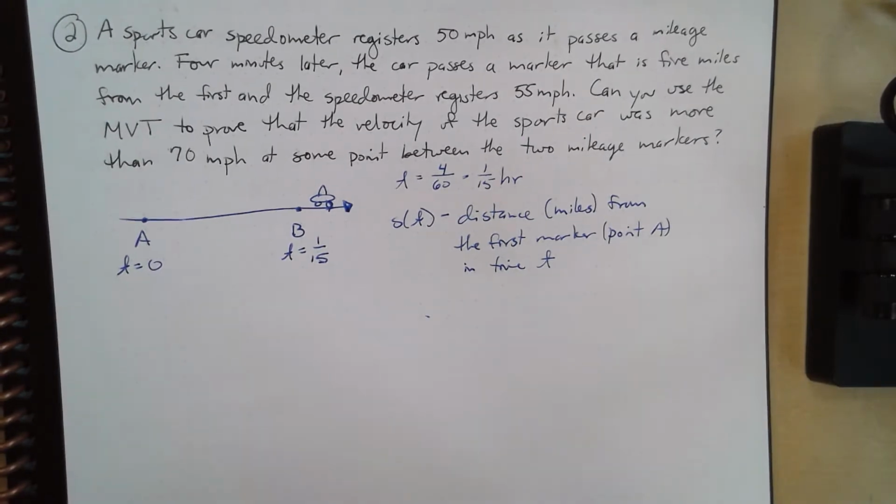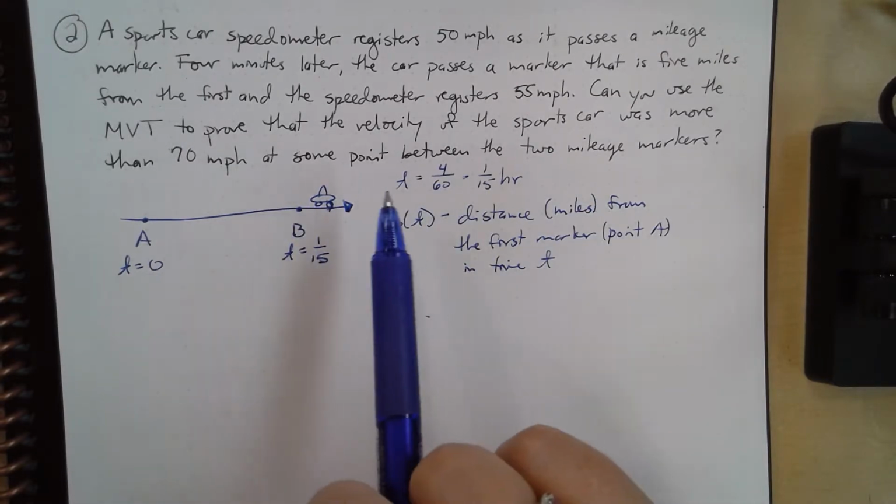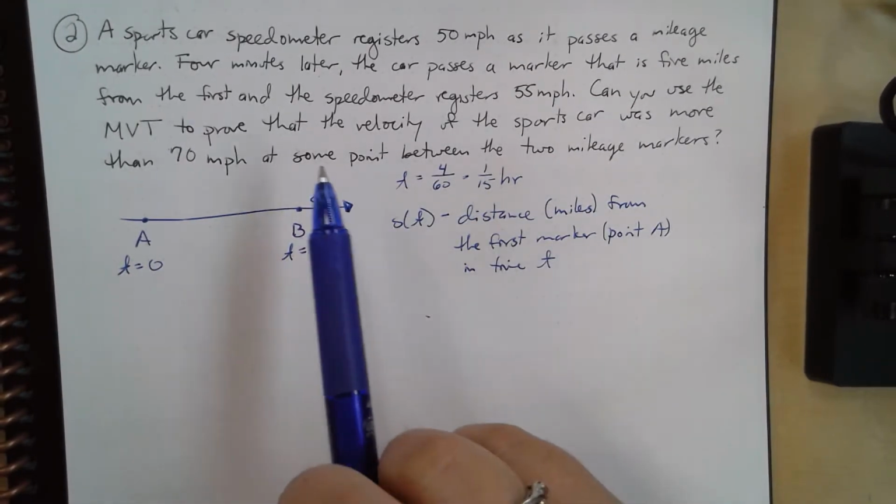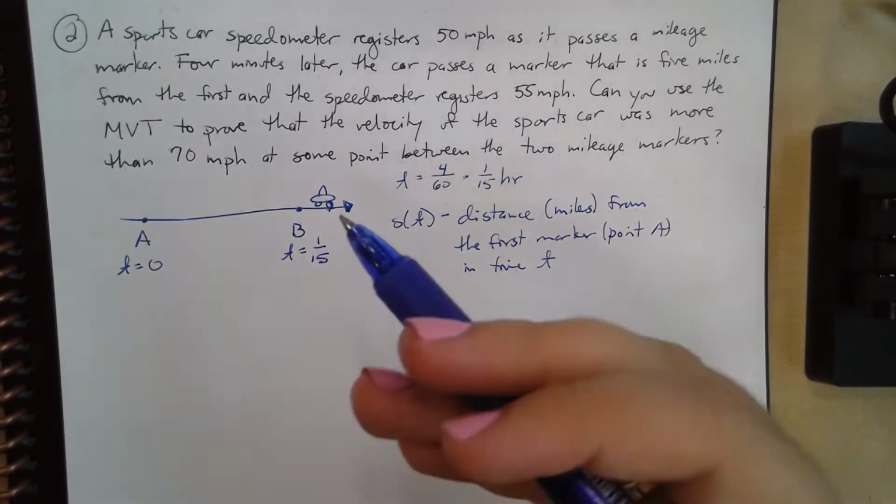That's what our distance is right there. So how can we prove that at some point between the two mileage markers, by the mean value theorem, the car was going more than 70 miles per hour?